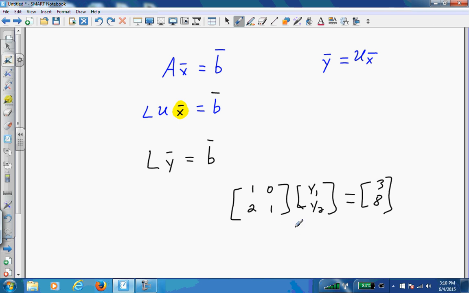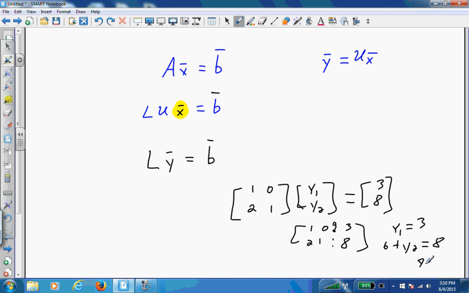So basically, think about that as an augmented matrix. So y1 is 3. 2 y1s, so 6 plus y2 equals 8.